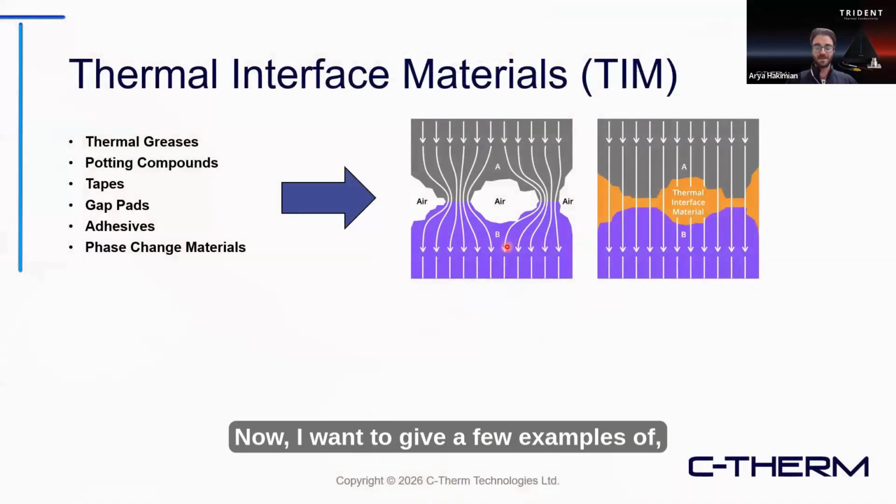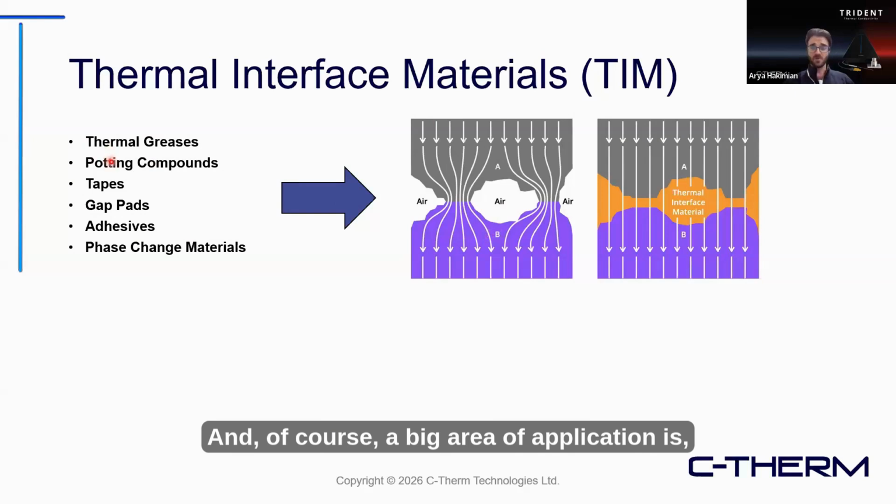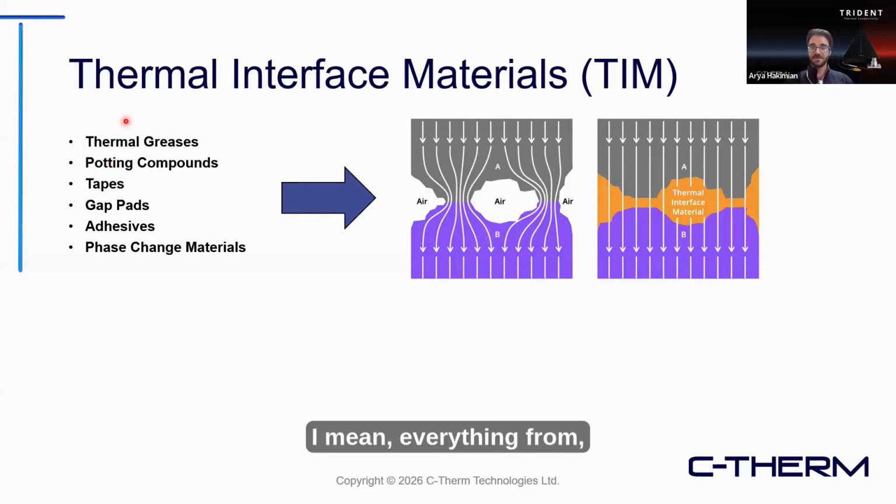Now, I want to give a few examples of where the MTPS is commonly employed, and of course, a big area of application, everything from electric vehicles to wearable technologies, whatever it may be, is thermal interface materials, which are highly relevant.